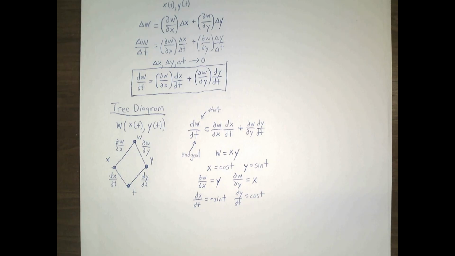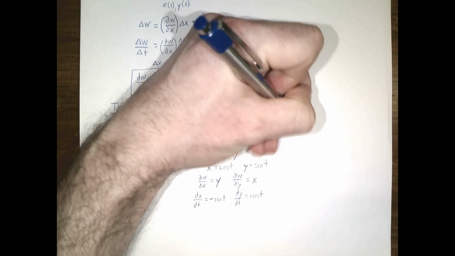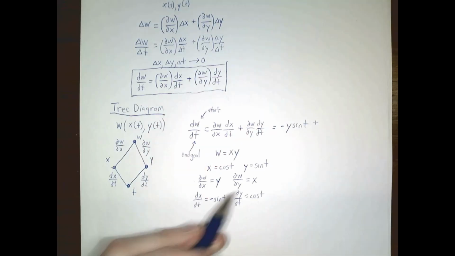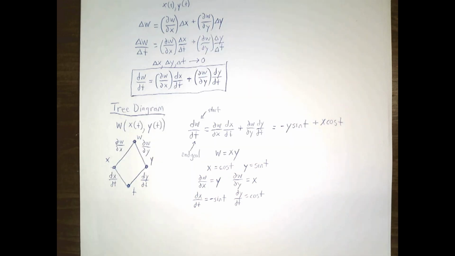Now we need to put them together according to the formula. So we're going to get dw/dx and dx/dt. We multiply those together, and we get negative y sine t plus x times cosine t. And that's about as far as we can go there.